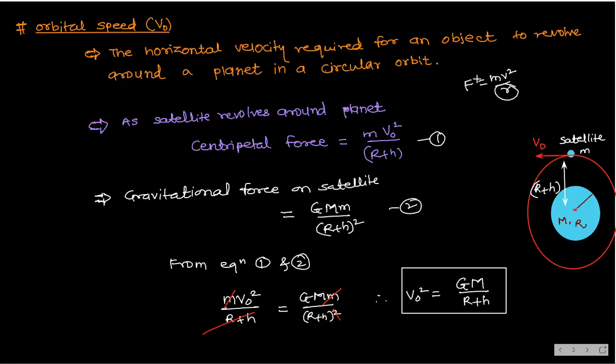Now at this point, you want to find gravitational force. Gravitational force is what? F is equal to G M m by R square. Here G M m, and this distance is what? R plus h square. Yes, finished. Understood?